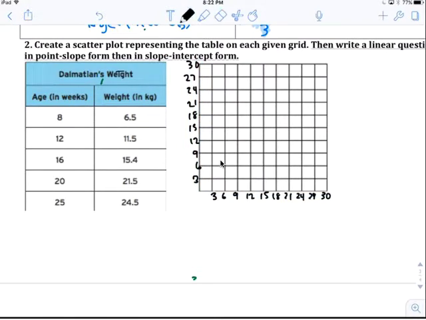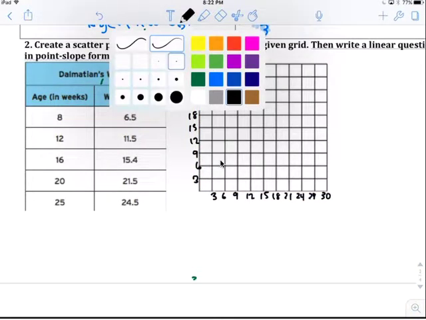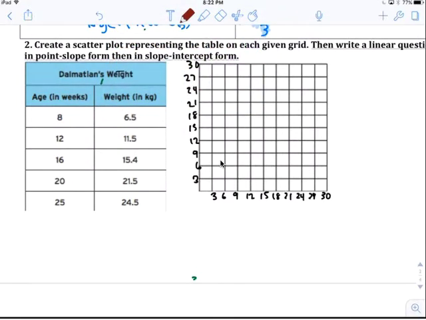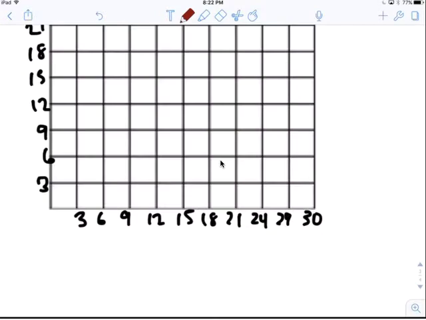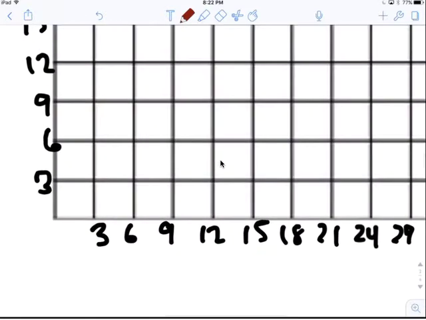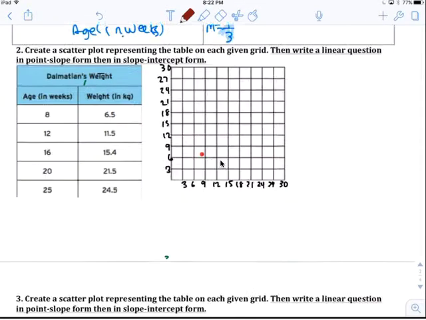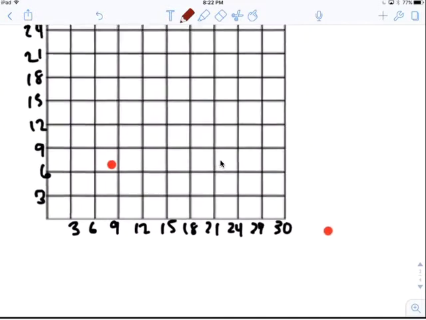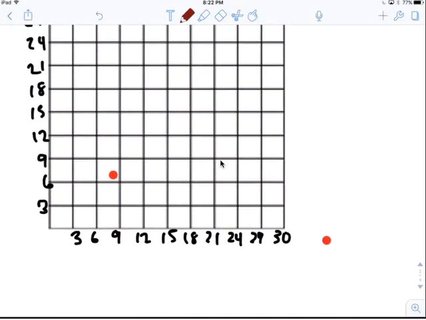Okay, and then you take these points and graph them. 8, 6.5, 8, 6.5 is about right there. 12, 11.5, about right there.